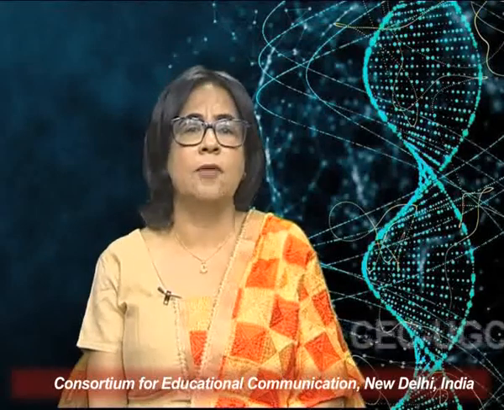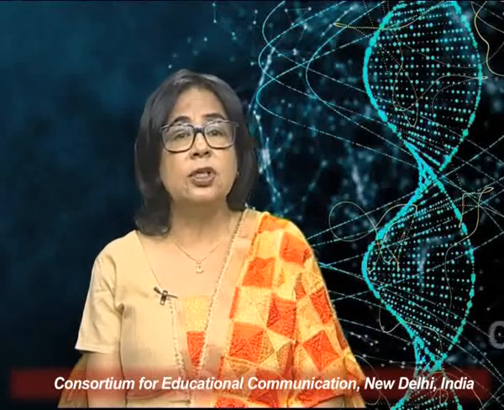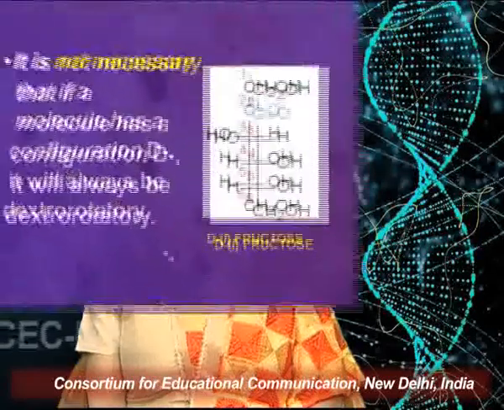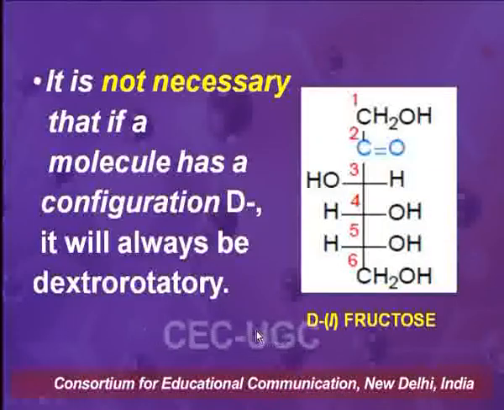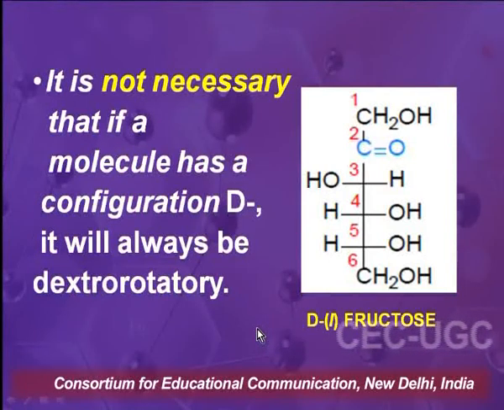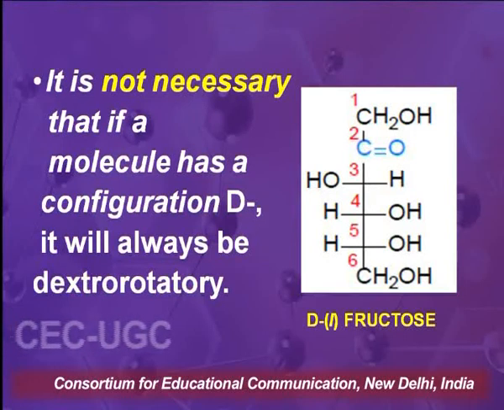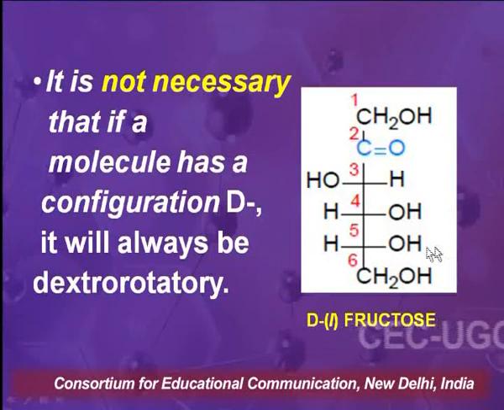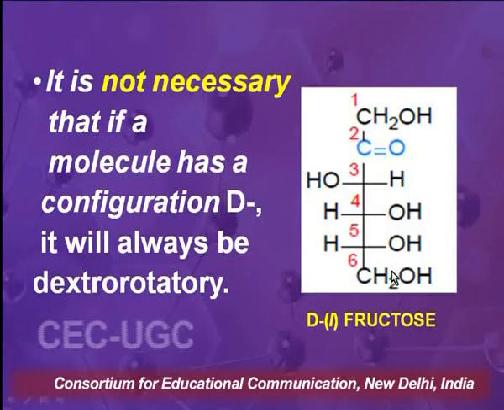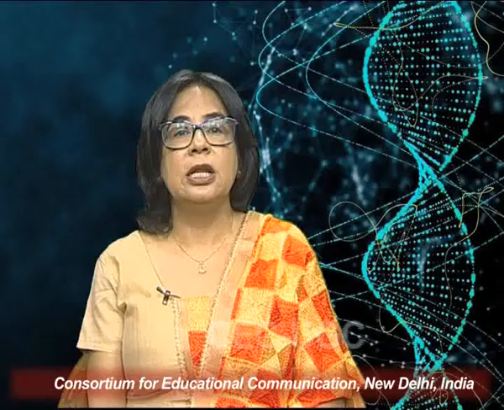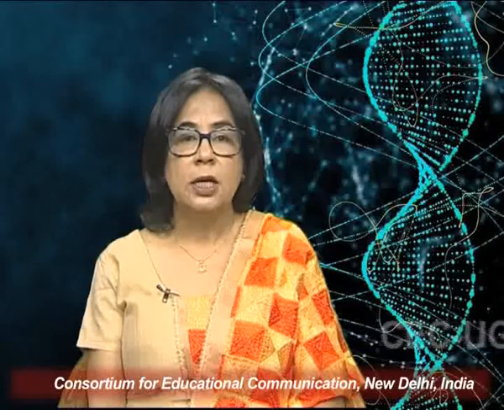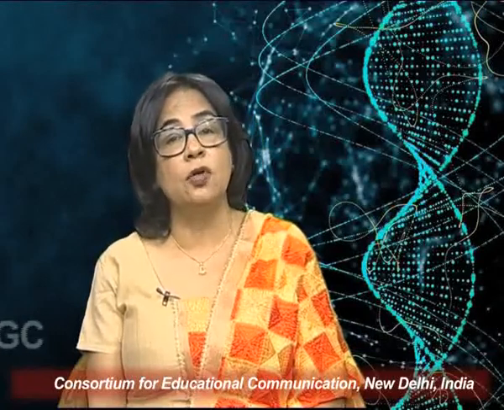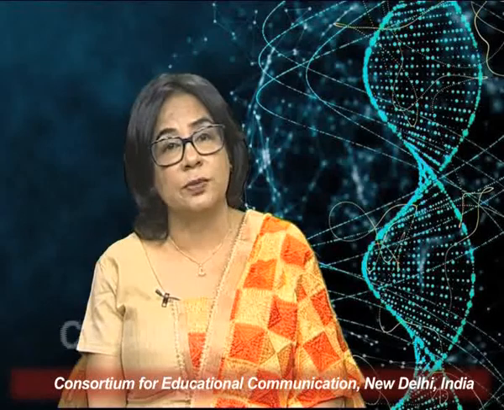The last point that I would like to take up here is that it is not necessary that if a molecule is having configuration capital D, it will always be dextrorotatory. For example, fructose has configuration capital D, because in this case the OH is on the right hand side at the highest numbered asymmetric carbon, but it is levorotatory. So it is not necessary that if the molecule is having configuration D, it will always be dextrorotatory.